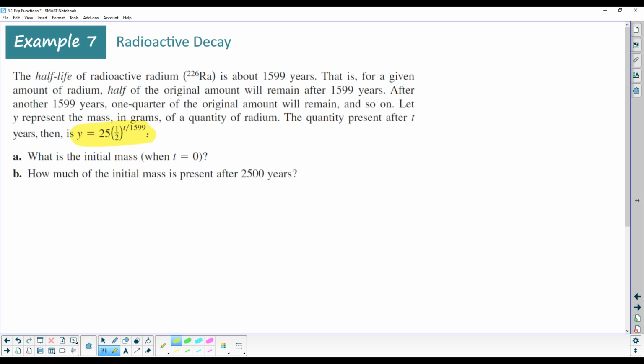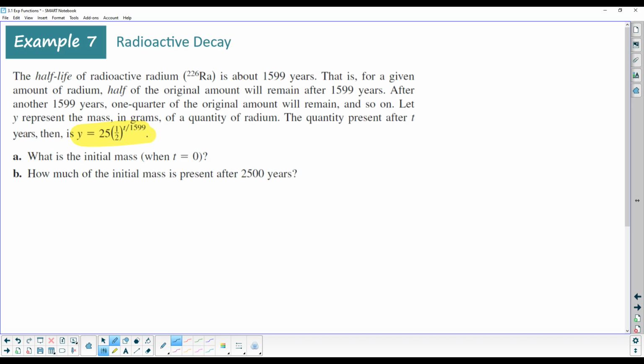It says here's an equation for the quantity present after t years. The t is divided by 1,599. You're basically figuring out what fraction of the half-life has passed. That's a 1/2 base with that power, and you times it by 25. So our first question is, what's the initial mass of radium that we had?